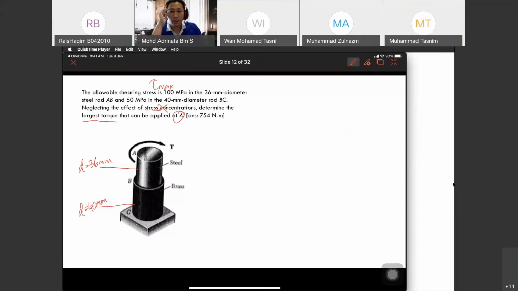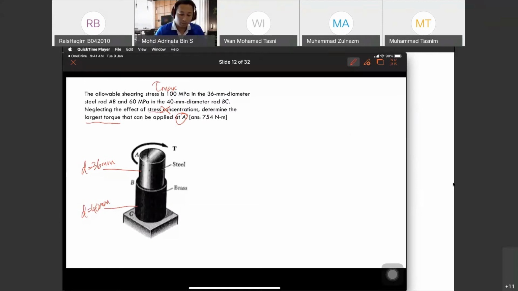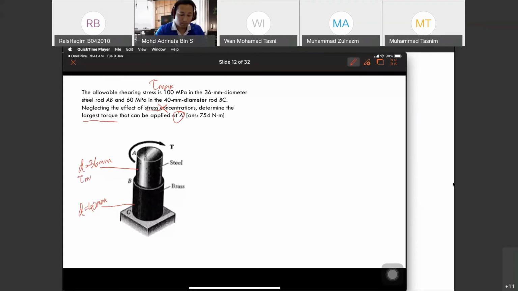Okay. Alright. Tau maksimum 100 megapascal. Tau maksimum 60 megapascal. Okay. So equation yang ada, tau maximum is equals to TC over J. Dia suruh cari torque, kan?